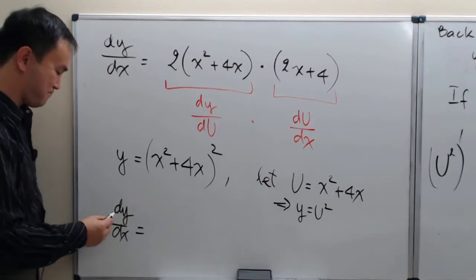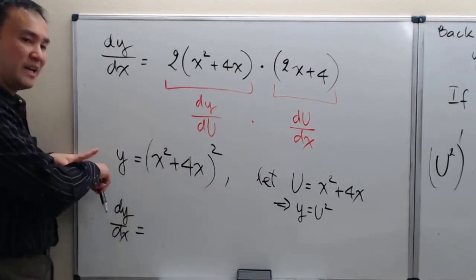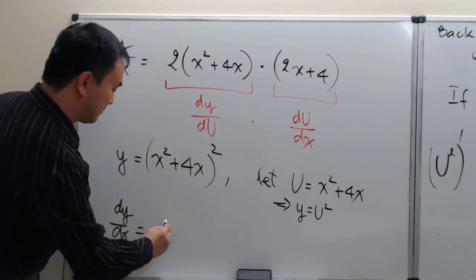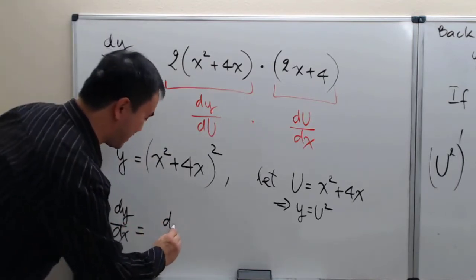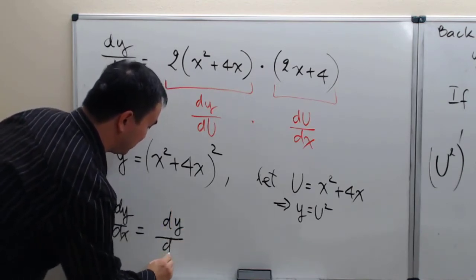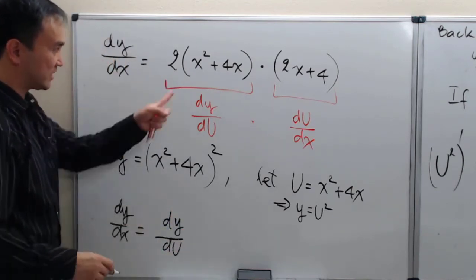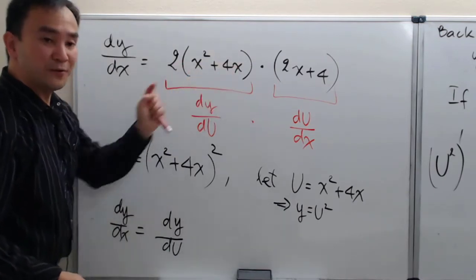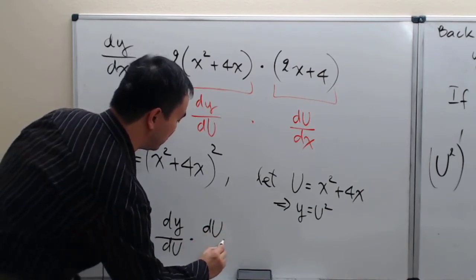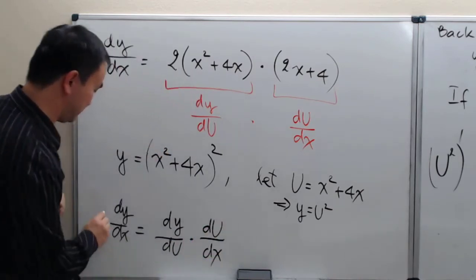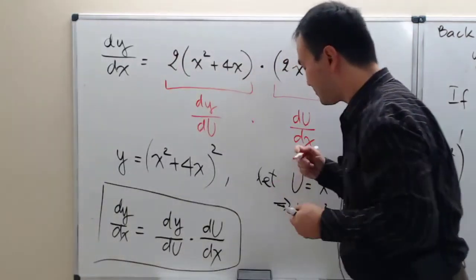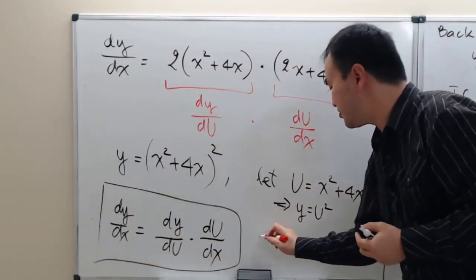So now the final derivative dy dx, summarizing all that work, was simply found by taking dy du, because that was what the 2 times x squared plus 4x is all about, and multiplying that with du over dx. That's what we found, and we refer to this as the famous chain rule.